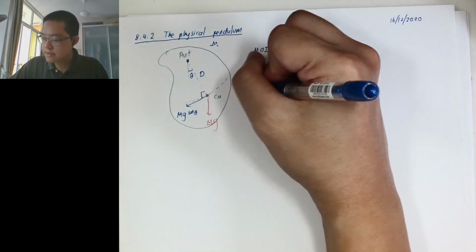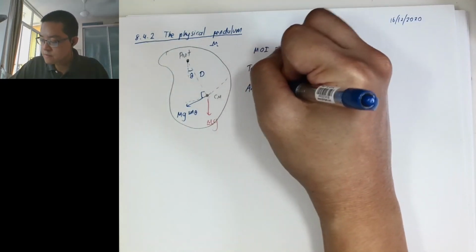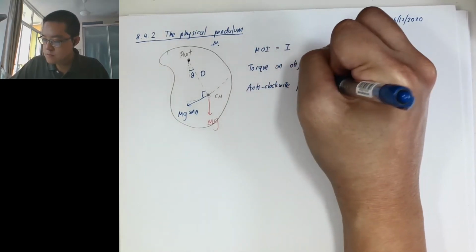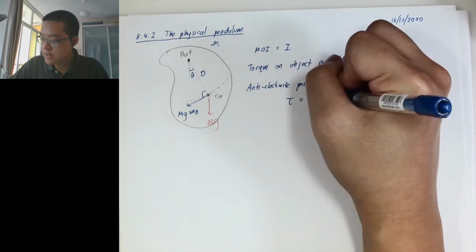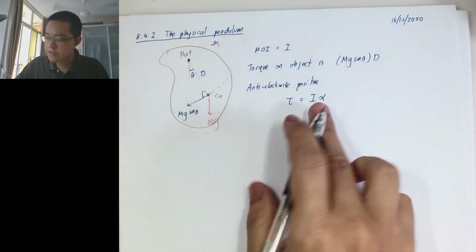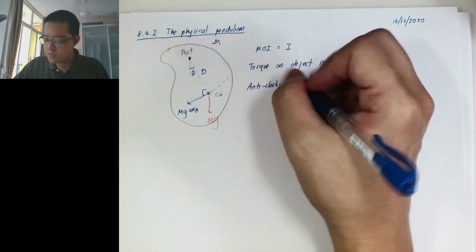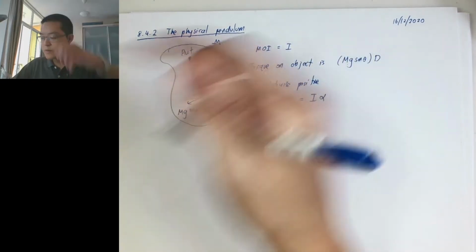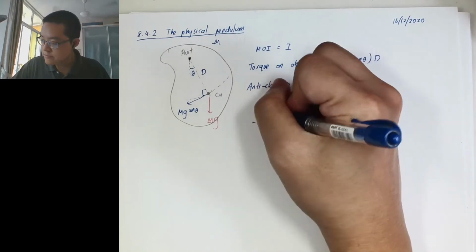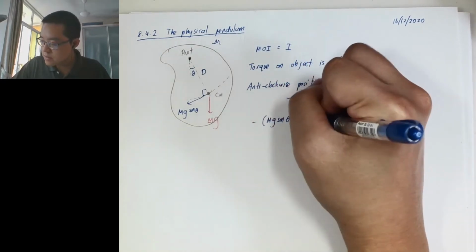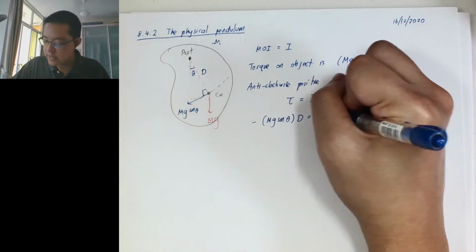I'm going to take anti-clockwise to be positive. By the rotational Newton's law, the torque is equal to I alpha. The torque in this case is clockwise, so it's negative mg sin theta times d, and it equals I times alpha.